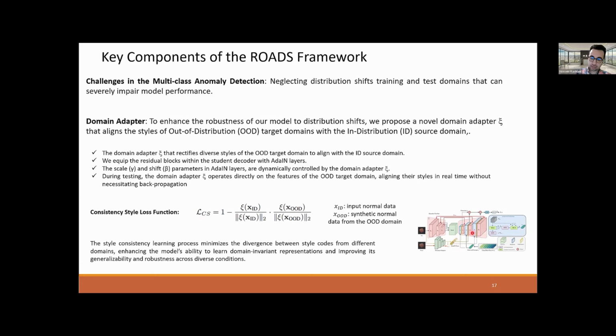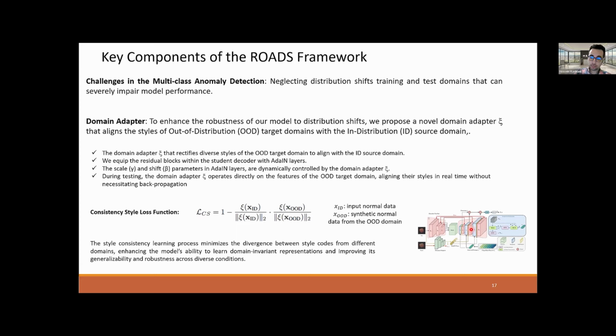After we train this domain adapter, at inference time it generates our adaptive instance normalization parameter, which we call a style code. We feed this style code at inference time, which makes the model robust against different distribution shifts. In this way, we make our decoder robust against different types of distribution shift and domain shift.